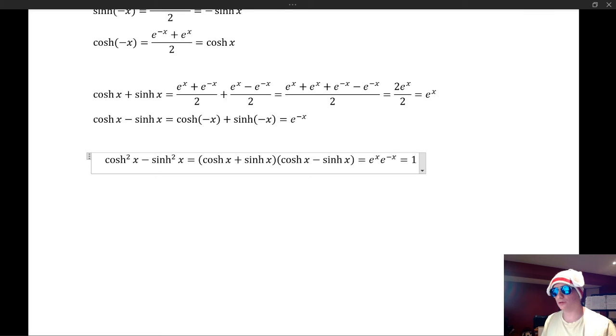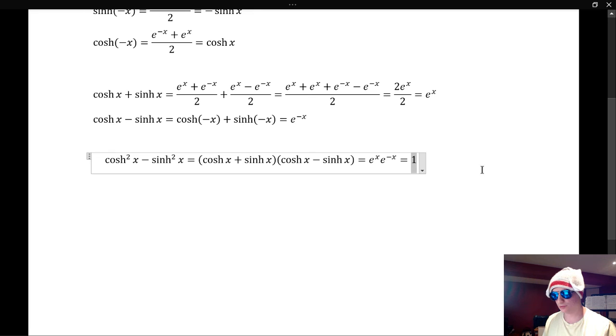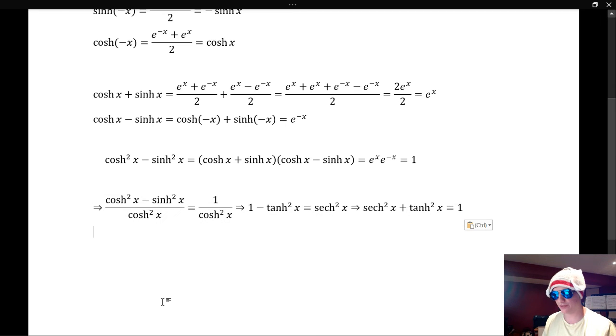And in turn, this implies, with this fact that cosh squared x minus sinh squared x equals 1, we're going to divide both sides by cosh squared of x.